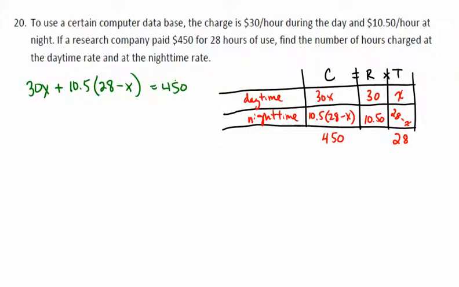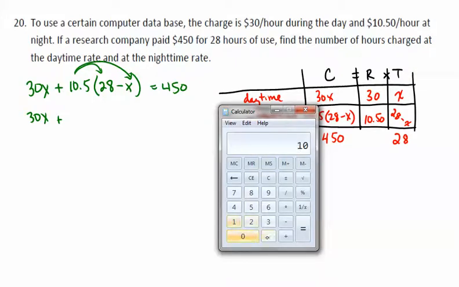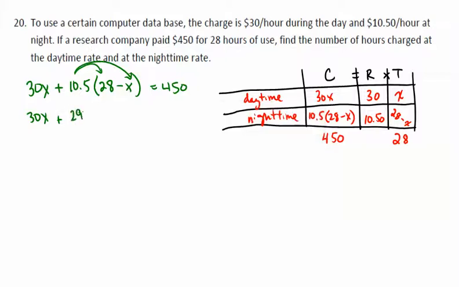And so when we do, we'll have to distribute on this side, and we'll get 30x plus 10.5 times 28, which is going to equal 294. So 294 minus 10.5x is equal to 450.